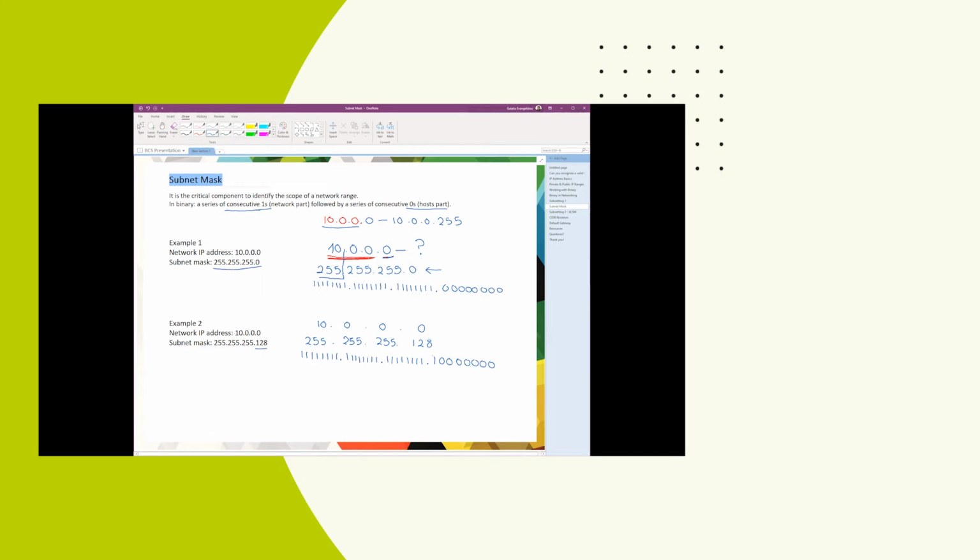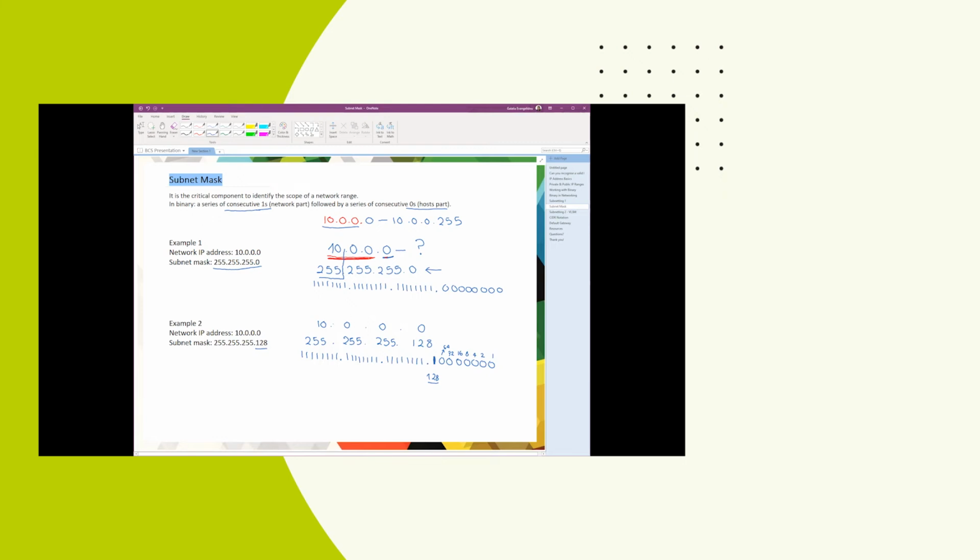This is 128, then 64, 32, 16 and so on. My last bit of the subnet mask landed on 128, so my range is capable of holding 128 hosts. This is the size of my network.